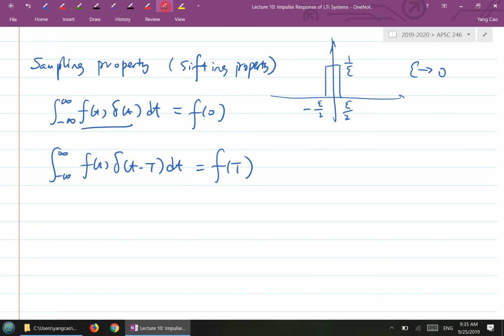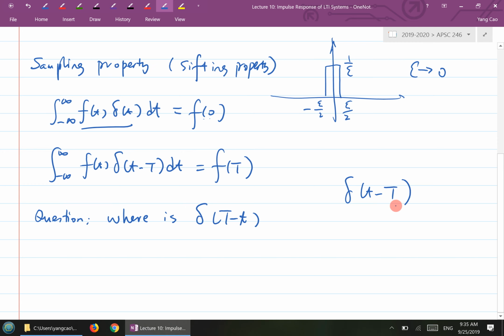So before we look at an example here, maybe I'll ask you a quick question. Where is delta capital T minus T? So if I ask you where is delta T minus capital T, and you can immediately tell me, you will see this is just shifting delta T to the right by a capital T amount of length, right?